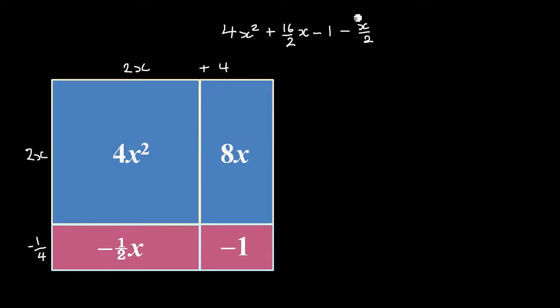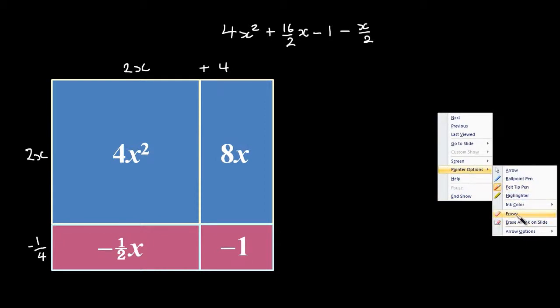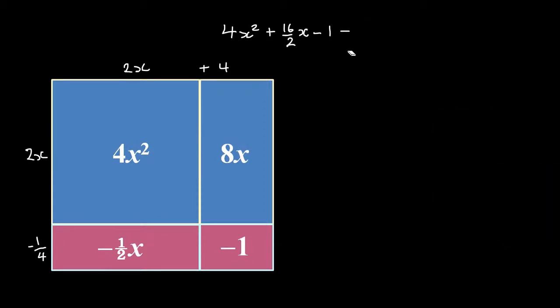Actually, let's change it back because it's made it less clear. Okay, so minus half x, there we go. Now you can see immediately that this is just a conventional x term, and this is similarly an x term, therefore I can combine the two. I can collect my like terms, so I've got 4x squared plus 16 halves, and another half subtracted, which gives us 15 halves, 15 over 2 times x, minus 1. So we're back to a three-term quadratic.